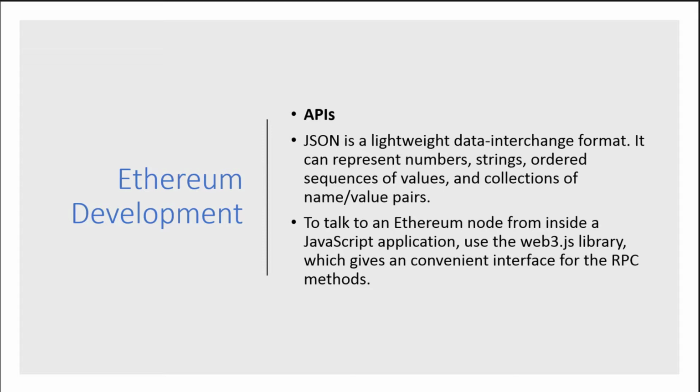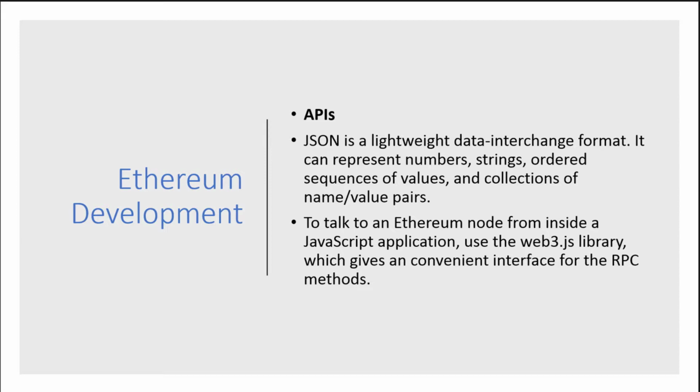Now, when it comes to the Ethereum node, if you want to communicate with an Ethereum node, you want to use what's called the Web3.js library. This is what's going to give that interface for the remote procedure calls. So let's go ahead and sum it up. JSON, again, is typically the API format that's used.